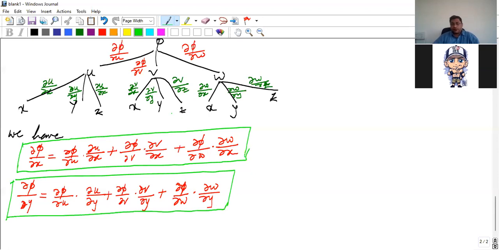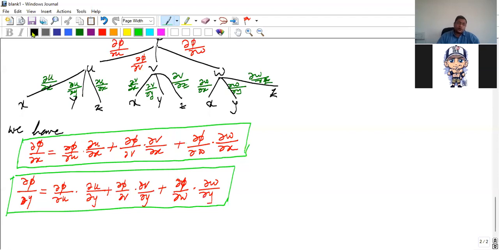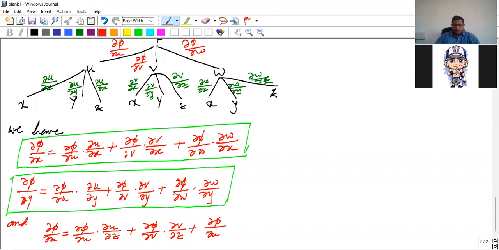Now we can think of the derivative of this phi with respect to z. So ∂phi/∂z equals ∂phi/∂u times ∂u/∂z, plus ∂phi/∂v times ∂v/∂z, plus ∂phi/∂w times ∂w/∂z.